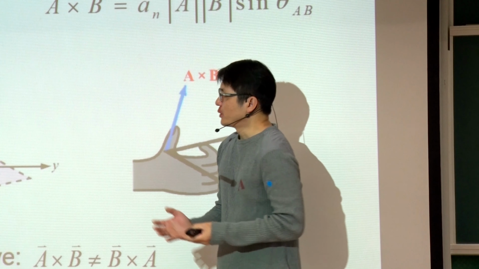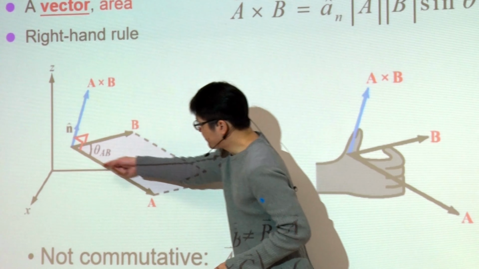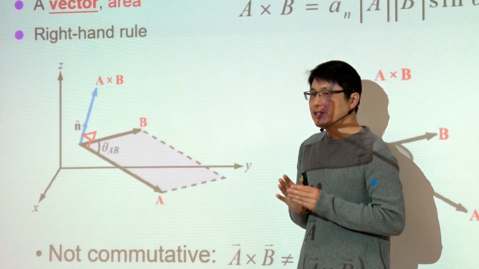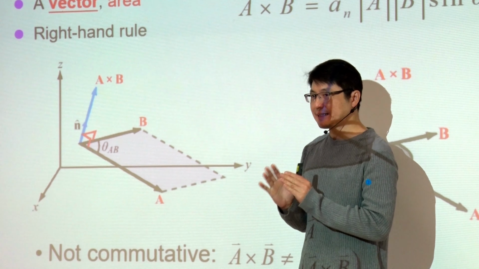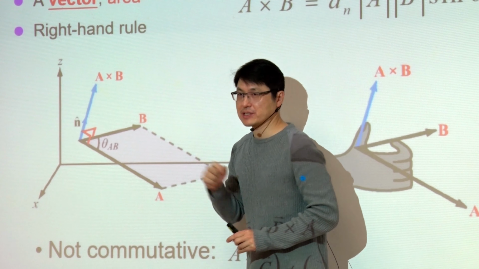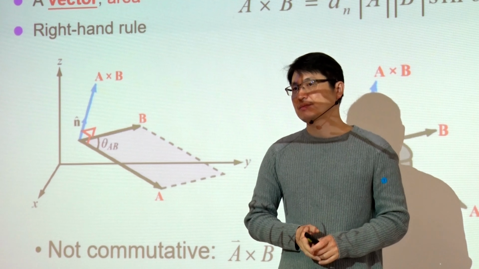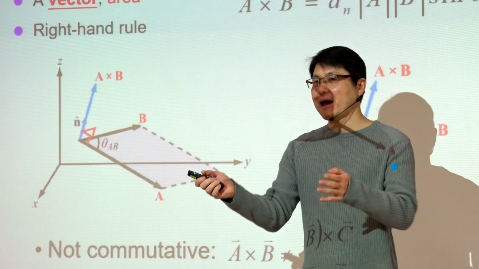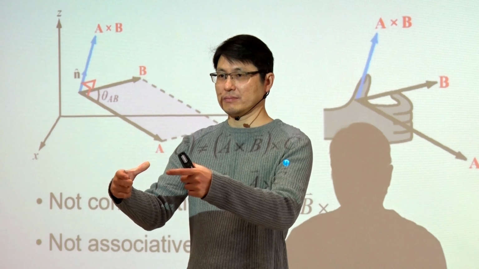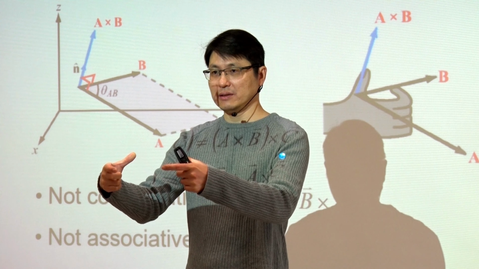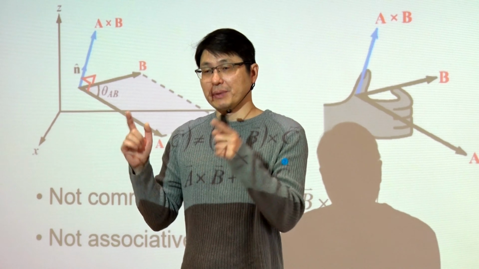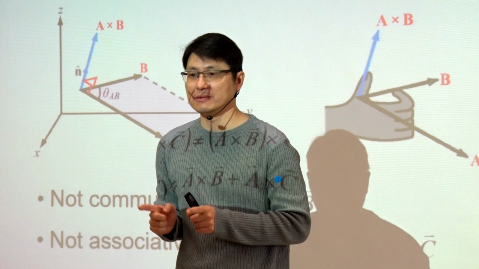You might be wondering, I have this surface. Can this surface be identical when you calculate it by A cross B or B cross A? Is there any difference? In the past, you learned a surface by its area, so it's a scalar quantity, and you don't care whether it's A cross B or B cross A. But now you have to be extremely careful.